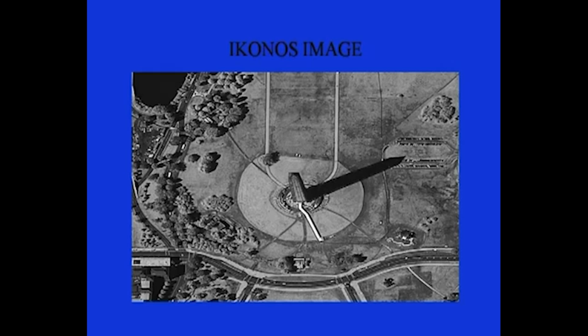With the help of this shadow, any user can determine the height of this particular monument, provided I know the sun's angle at this instant of time. Using the simple trigonometrical relationship of tan theta, knowing the length of the shadow on the ground and the angle at which the sun rays are coming, it is possible to find out the height.